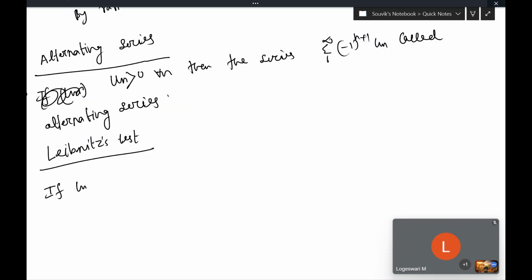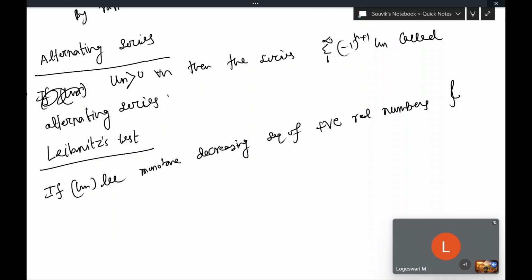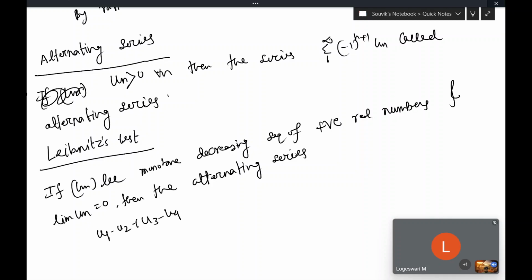So this tells that if u_n is a monotone decreasing sequence of positive real numbers, and if the limit of u_n equals 0, then the alternating series u1 minus u2 plus u3 minus u4 is convergent.